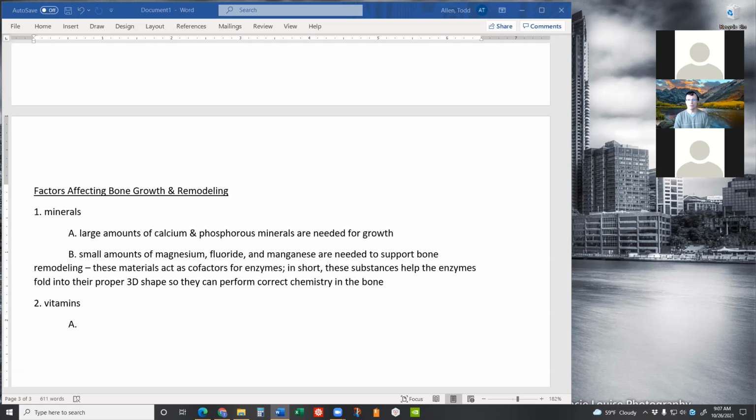Since vitamin A is important for osteoblast activity, if you were deficient in vitamin A, would you anticipate a problem with having very dense bones or having very brittle bones? What do you think, folks?